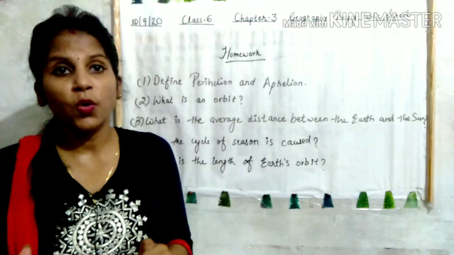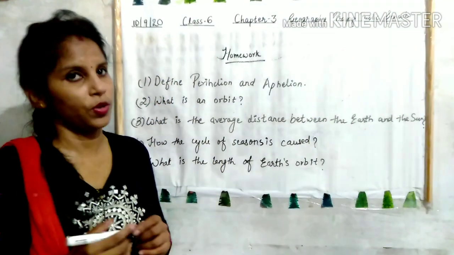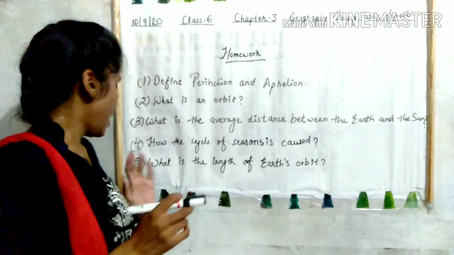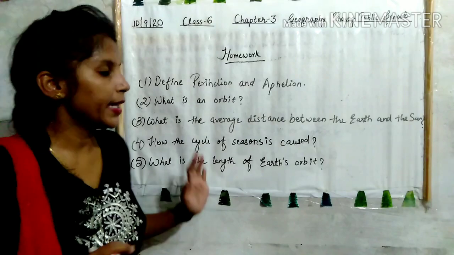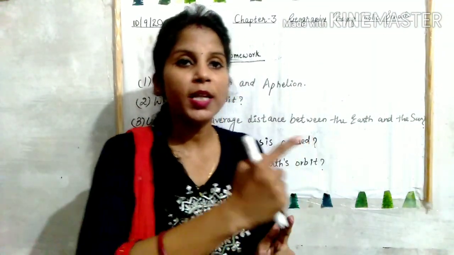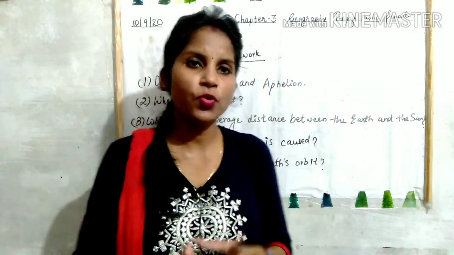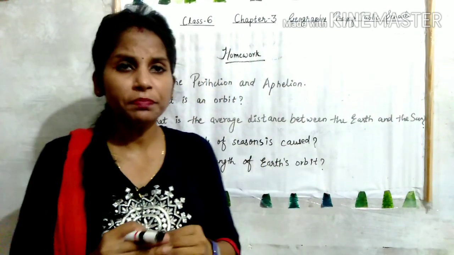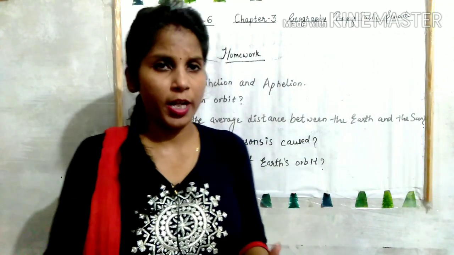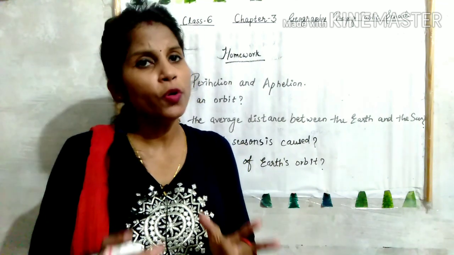So how, कैसे जो cycle of seasons होता है, 5 seasons होते हैं, वो कैसे होते हैं? Okay, how they are caused. And the fifth one is what is the length of the earth's orbit? earth की जो orbit है जिस पे वो घूमती है, चलती है, उसकी लेंथ, लंबाई कितनी है, that you have to write. Okay, so that's all for today, and do your homework neatly in your copy.